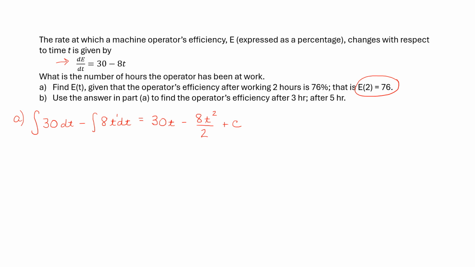Now, what we want to find is E of t. And E of t means we have to also know what this c value is. So here is how we're going to find that c value.